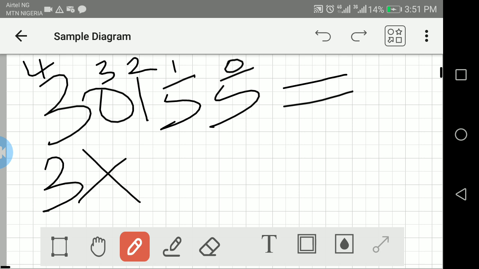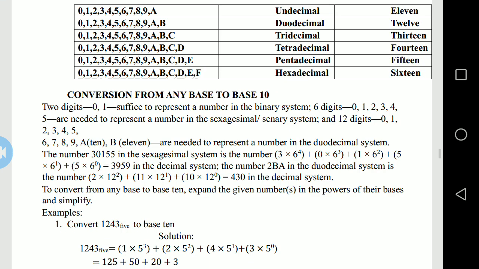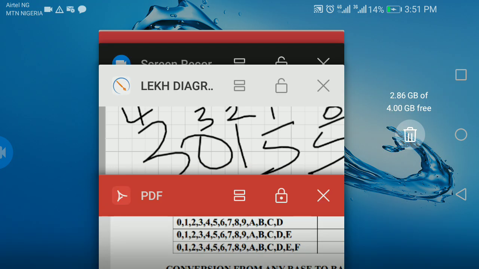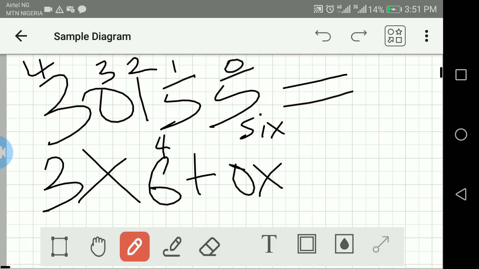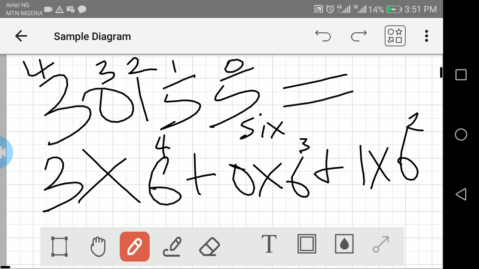Let me check the base they gave to us. Sorry, I didn't get the base before. So the base is base 6. All right, so the number is in base 6. So we have 3 times 6 raised to the power of 4, plus 0 times 6 raised to the power of 3, plus 1 times 6 raised to the power of 2.